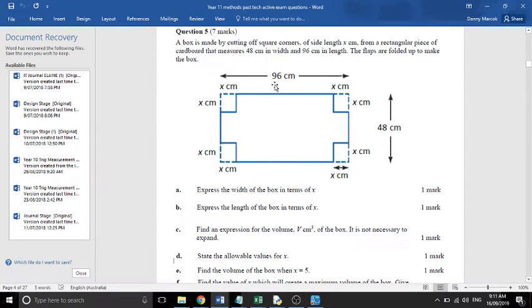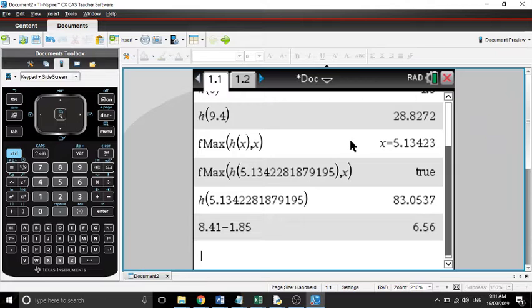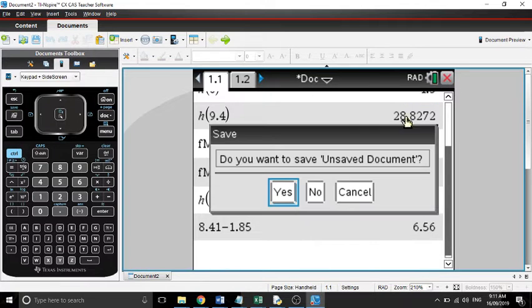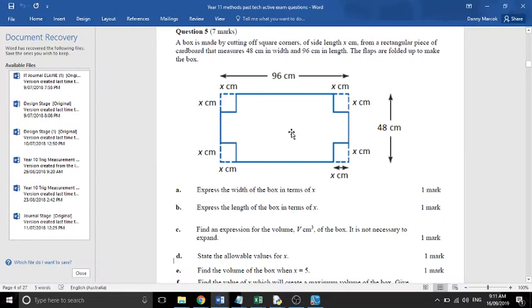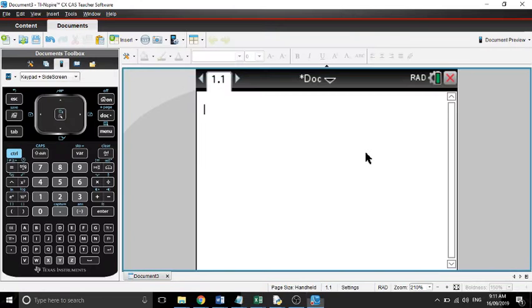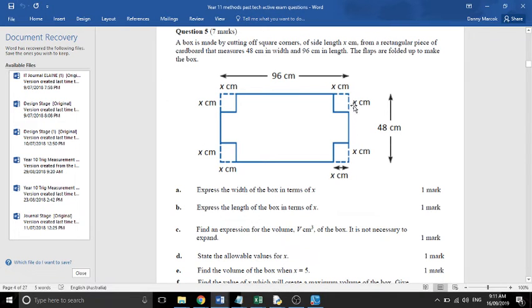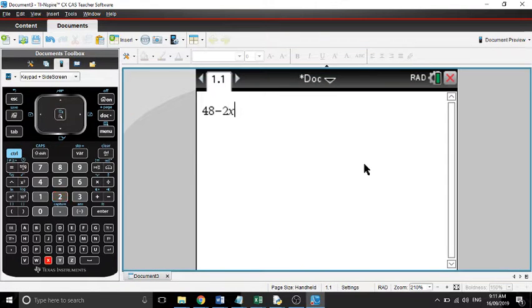So express the width in terms of X. We've got to check our information. Our width tells us it's 48 centimeters. In CAS, I'm going to close this so I don't mess up anything. Our width is 48 minus, because I'm cutting off one X and then another X, minus 2X.